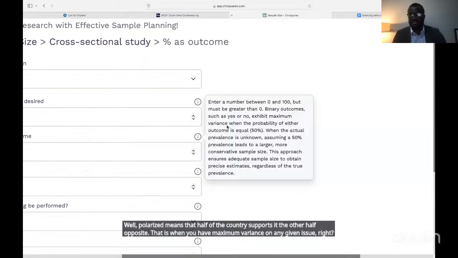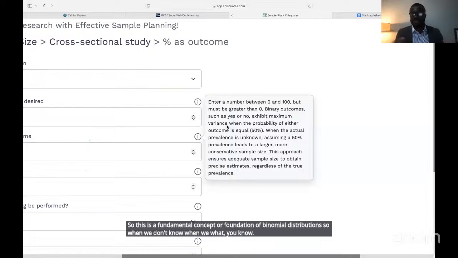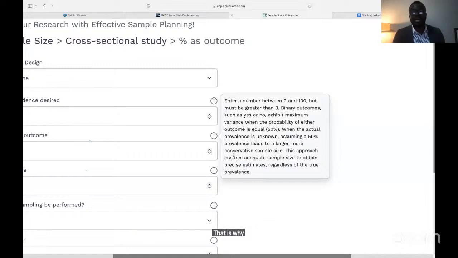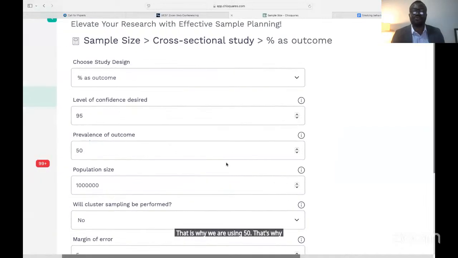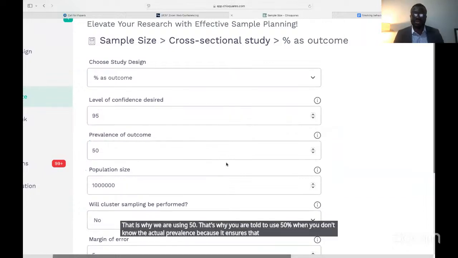So this is a fundamental concept or foundation of binomial distributions. So when we have a multi-purpose survey, we just calculate sample size for the most extreme case. In this case, the most extreme case is when the variance is maximized. That is why we are using 50. And that's why you are told to use 50% when you don't know the actual prevalence, because it ensures that the sample size we will calculate will cover everybody.